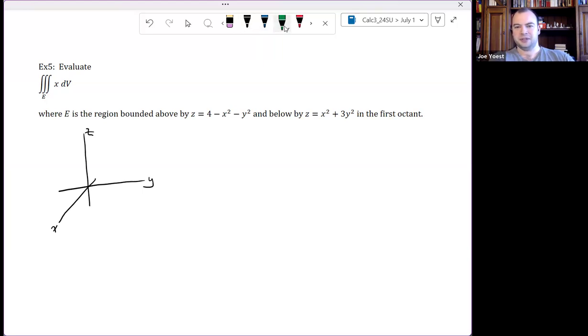All right, so maybe I'll stick with a similar color scheme as the one a couple ago. Z equals 4 minus x squared minus y squared. Oh, that's the top one. This is the bottom one. Z equals x squared plus 3y squared. That's a paraboloid opening upward.